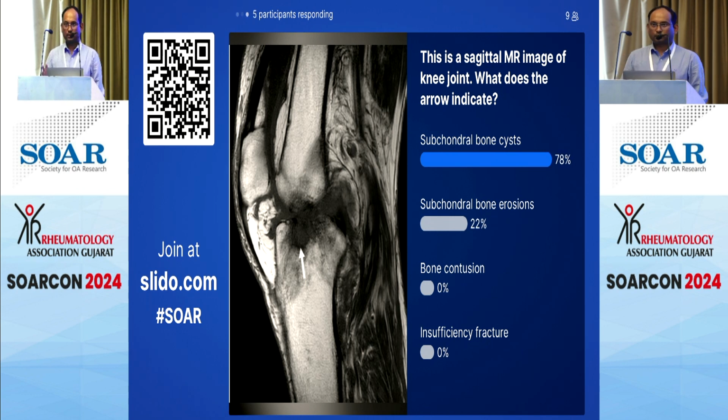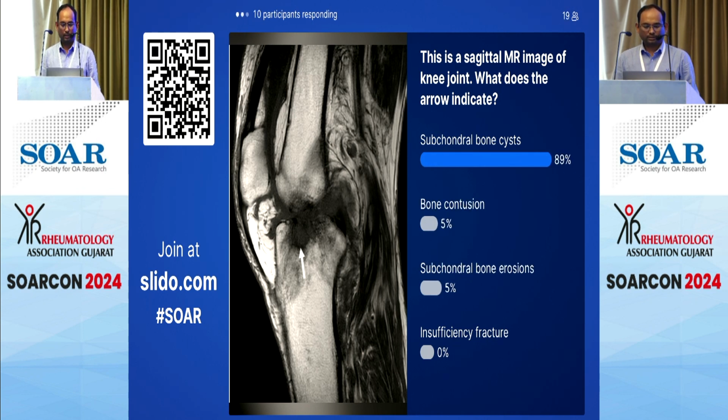Along with these subchondral erosions, there is something else which we are seeing, a much larger lesion in the same subchondral bone. Here the margin is a little sclerotic and quite defined. There is definitely some marrow edema, seen as dark in the non-fat suppressed sequences. So this is a large subchondral cyst or geode, separate from the erosion in the previous image.